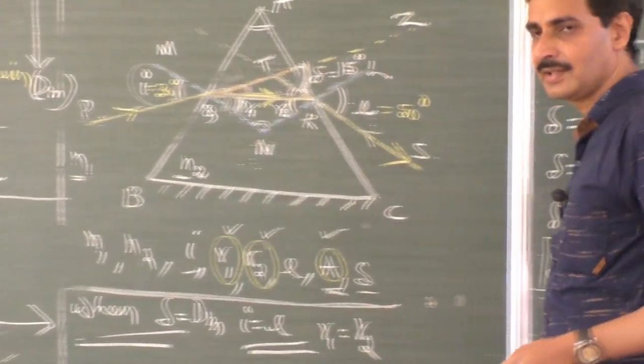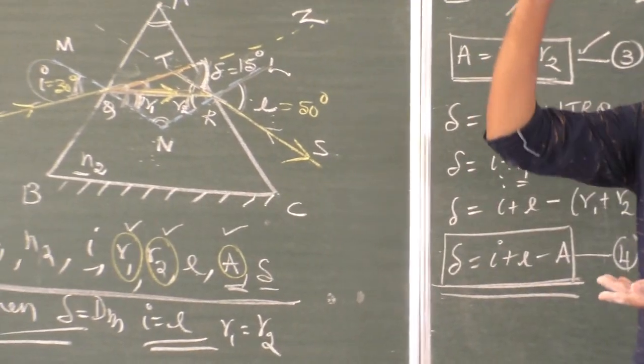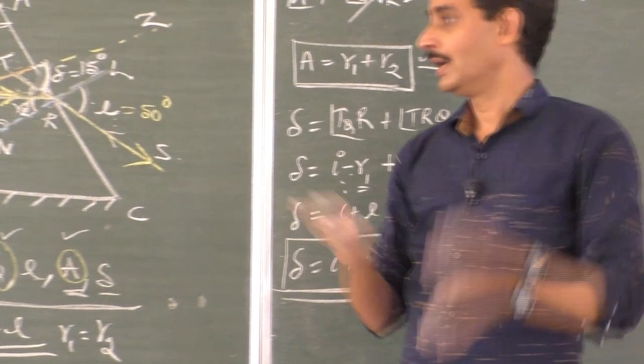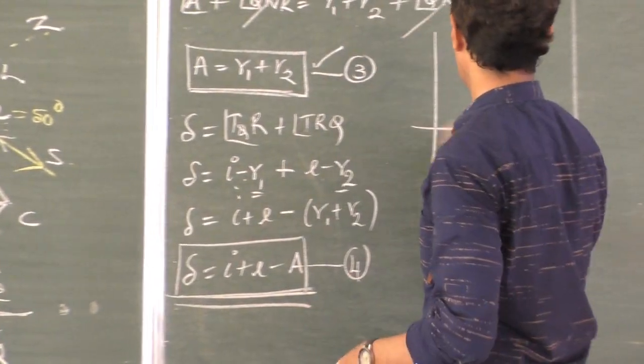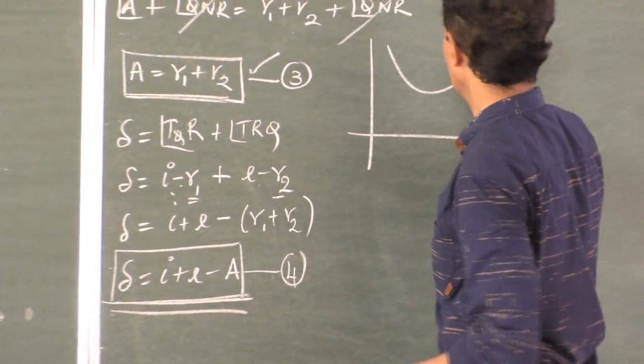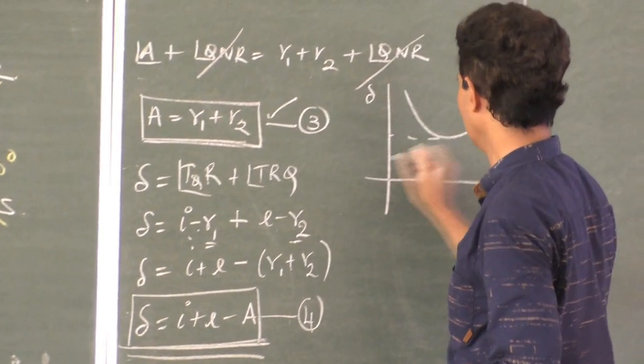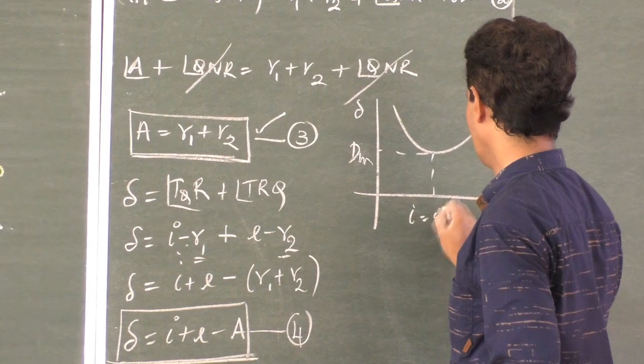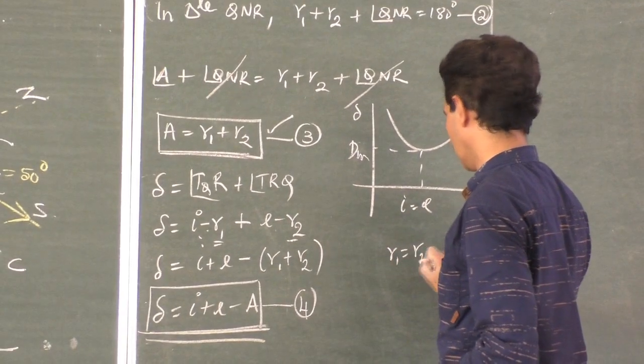As the angle of incidence is increased, the angle of deviation goes on decreasing, reaches a minimum value, and then increases. At the minimum value of angle of deviation, dm, I and E are equal, and even R1 and R2 are equal.